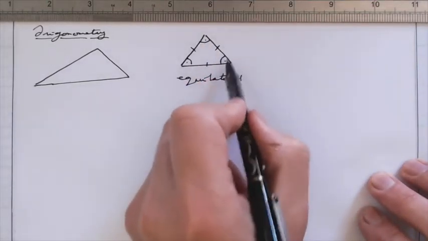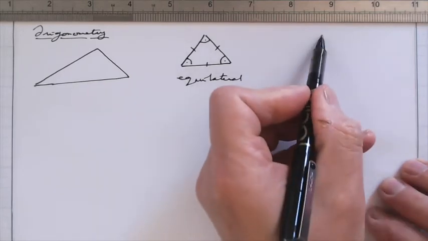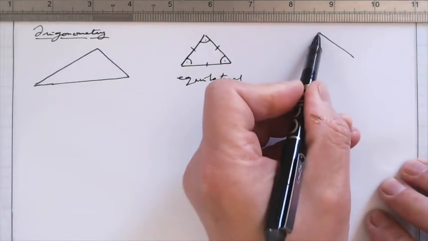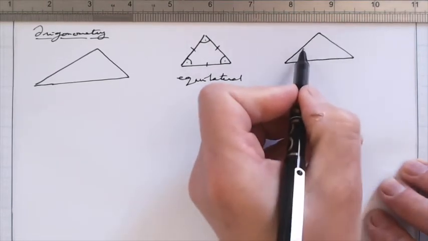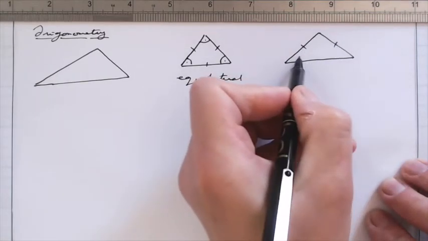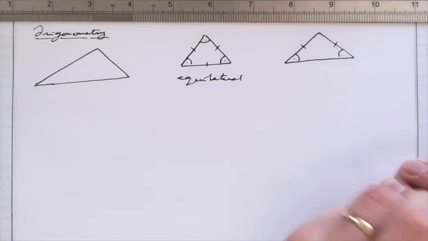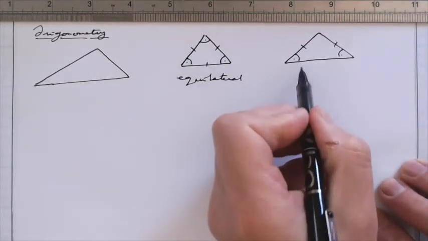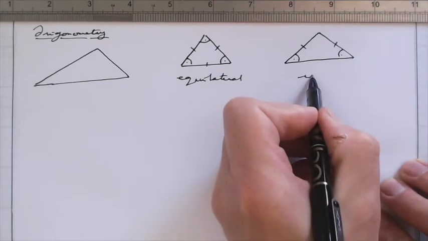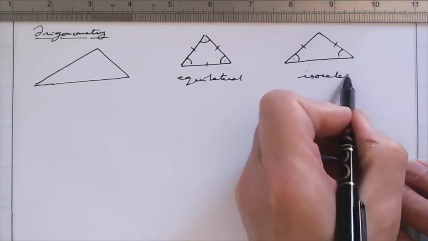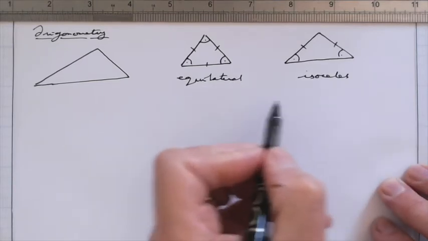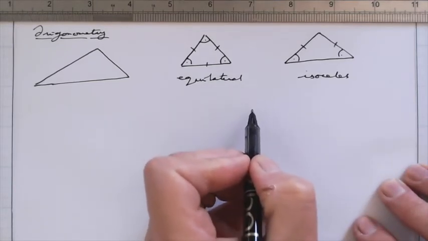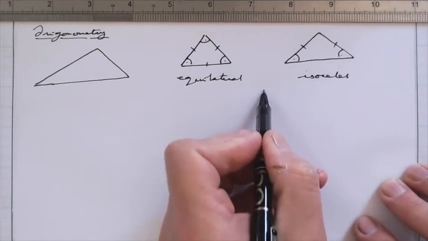And a triangle that has slightly less symmetry than this is one in which 2 lengths are the same, and because of the fact that these 2 lengths are the same, by symmetry these 2 angles are also the same, and we call a triangle that has 2 angles the same isosceles. The third kind of triangle that is very important to be able to recognize and talk about is a triangle where 2 of the lines meet at a right angle.